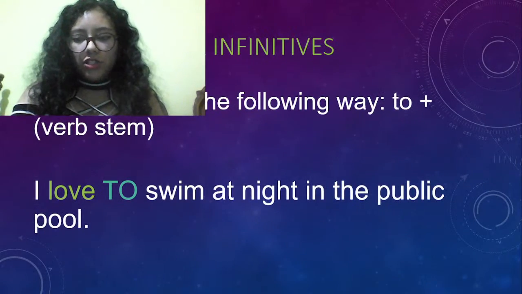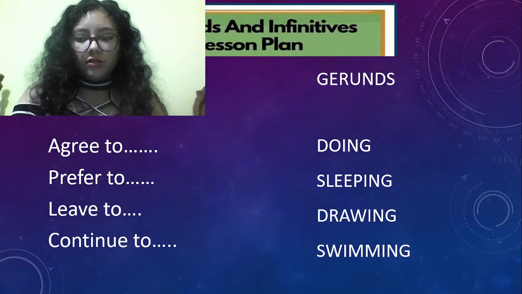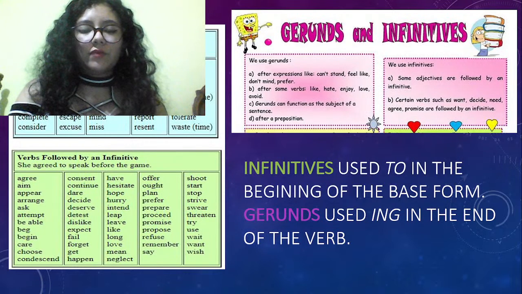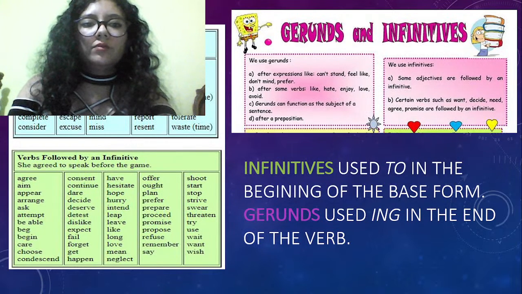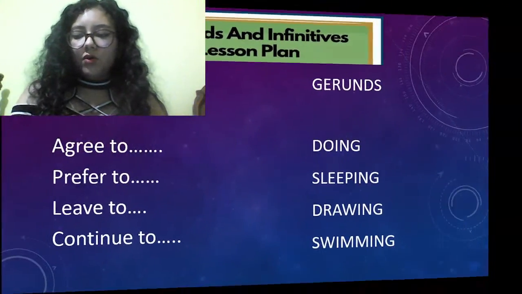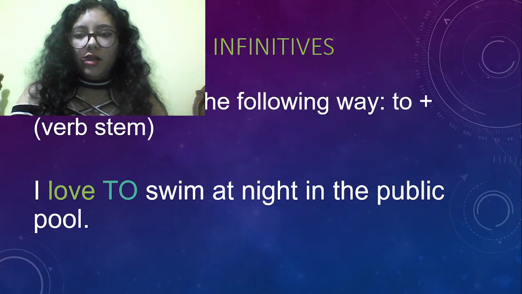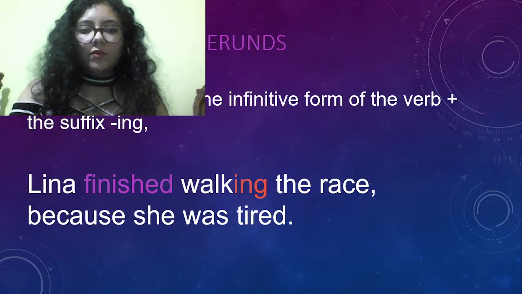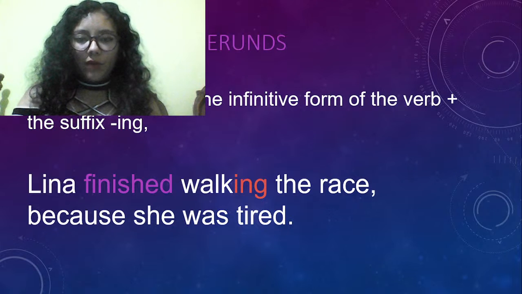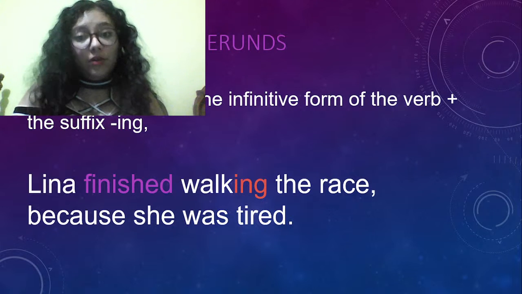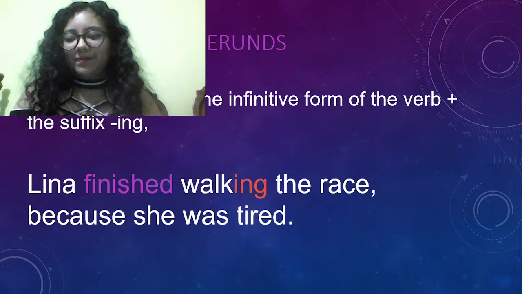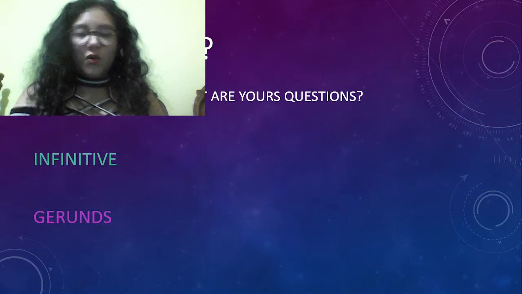Remember the blue chart: finish. We can see in the third column, finish is a verb followed by a gerund. So in my sentence, I use finish. Finish walking the race because she was tired. Walking is the other verb, and we use the suffix ing.